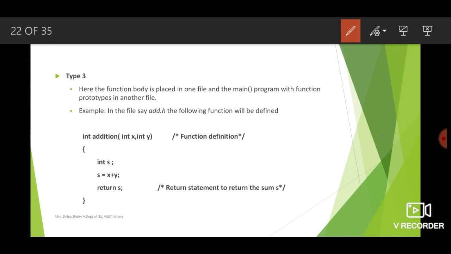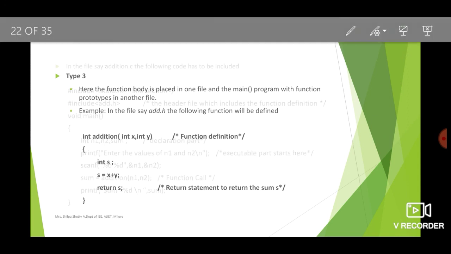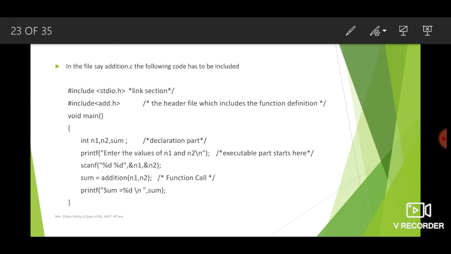Once you define this function in the add.h file, next we will create one more file called addition.c. You can use any name here. So let us create one more C file called addition.c. In this we are writing only the main function. The function that is defined in the add.h file has to be included here.